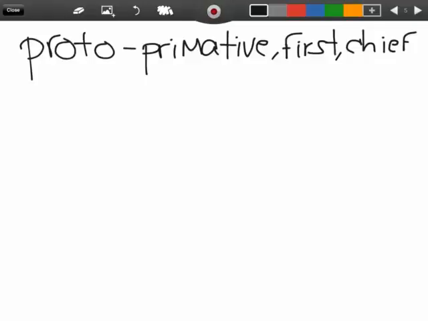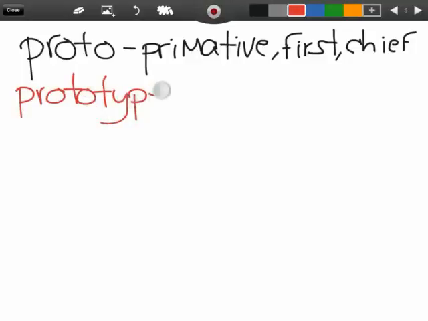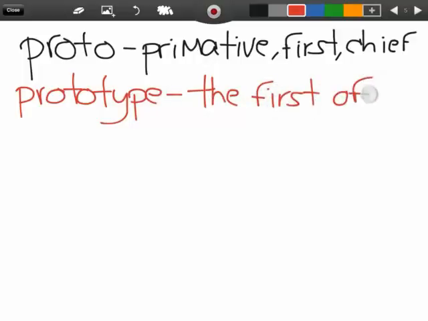I'm going to give you an example, and that is prototype, and that means the first of its kind.